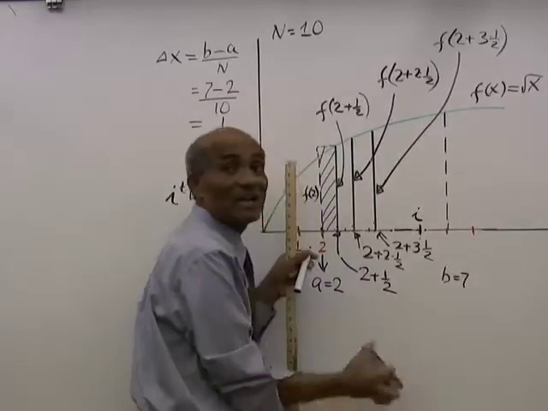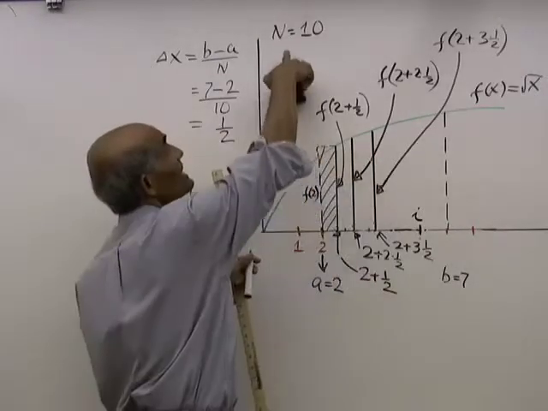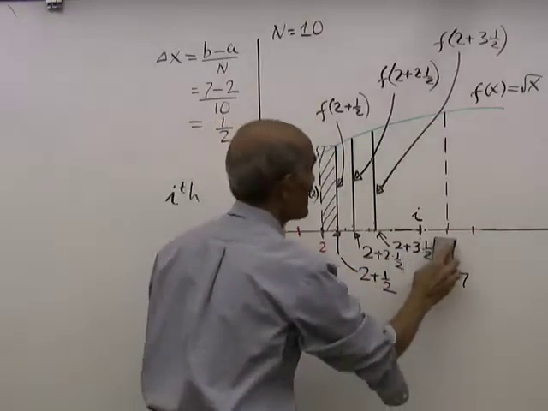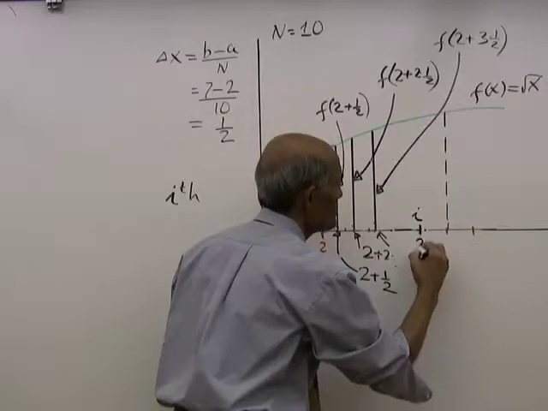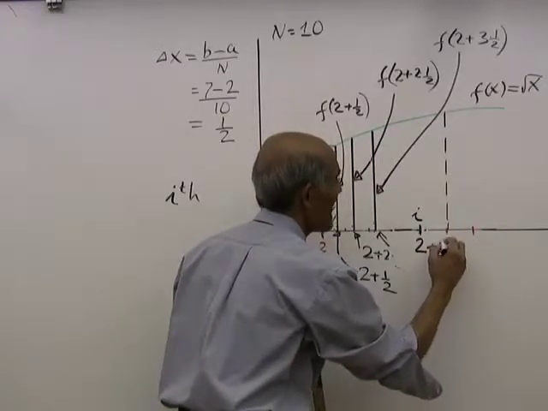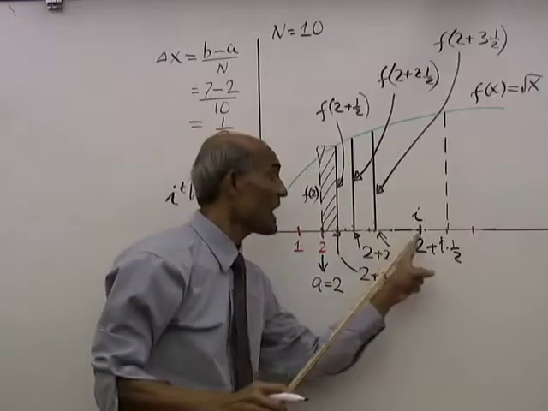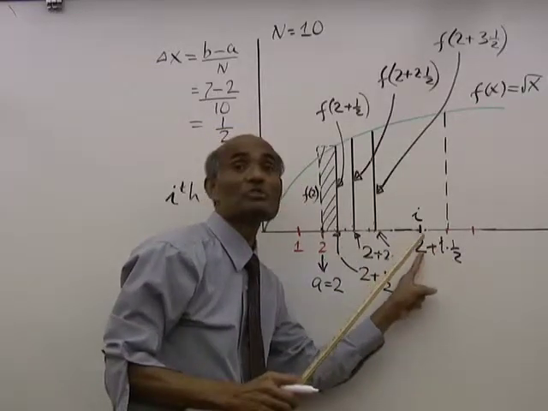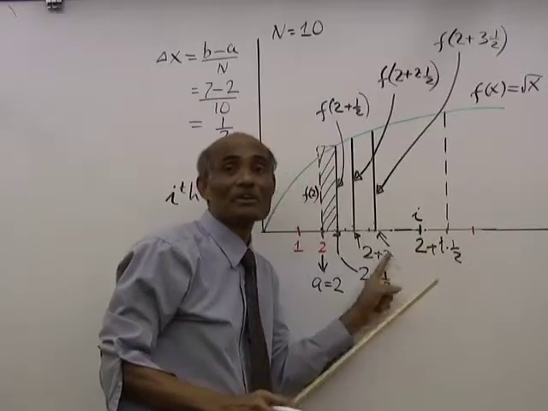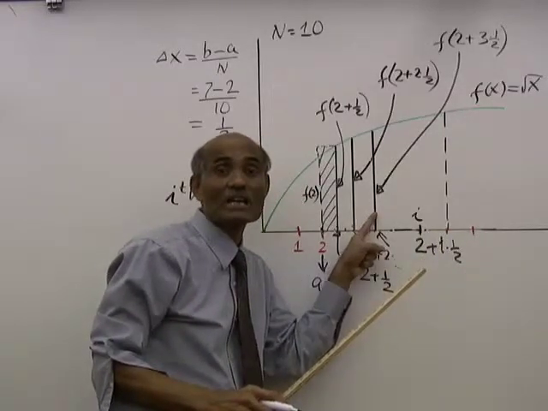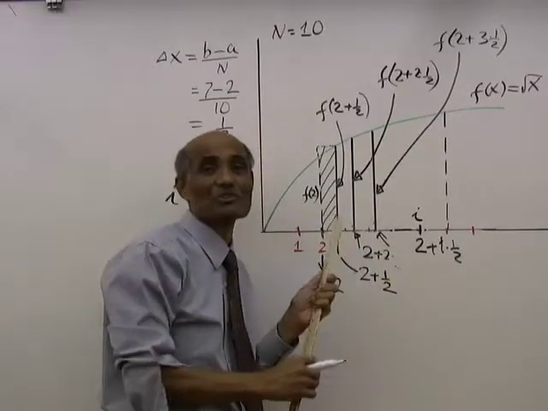I can be any number from 1 to 10 because we are dividing the area into 10 rectangles. And in that case, this x value will be 2 plus I times 1/2. Is that right? If this I is 5, it will be 2 plus 5 times 1/2. If I equals 3 here, that would be 2 plus 3 times 1/2, and so on.